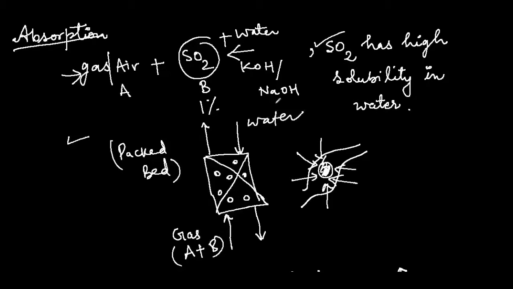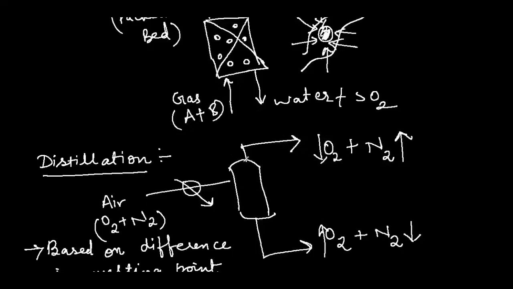As water moves downward, it takes the SO2 from the air mixture, and you get pure air at the top and at the bottom contaminated water with the SO2. So this is the operation of absorption, which is based on solubility.